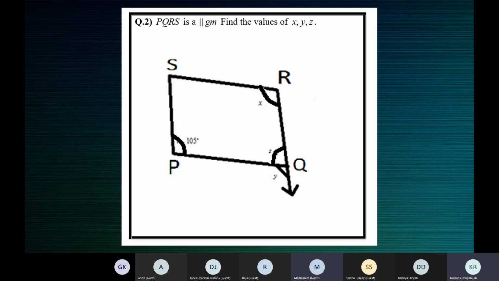Yes, that's right. Do the others agree with Madhumita? She says SR and PQ are the parallel lines and RQ is a transversal.